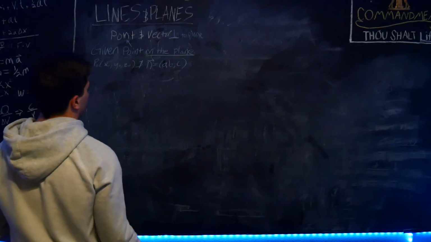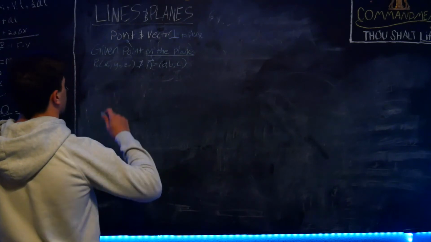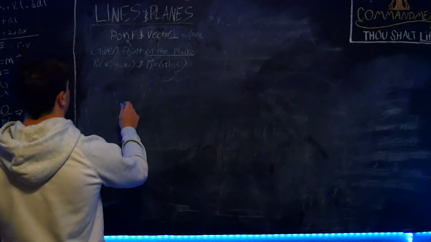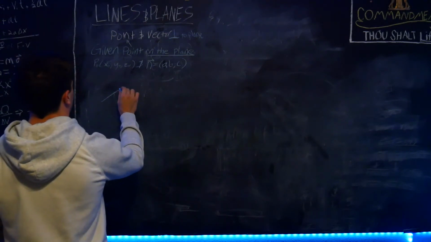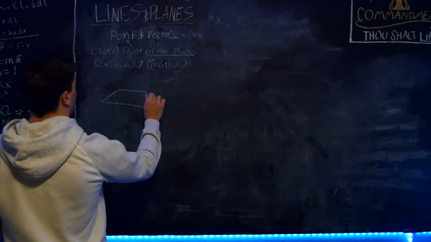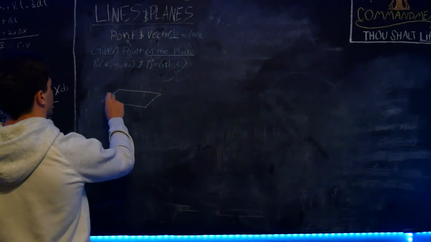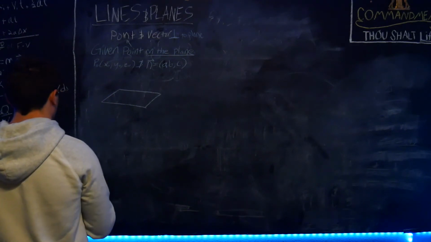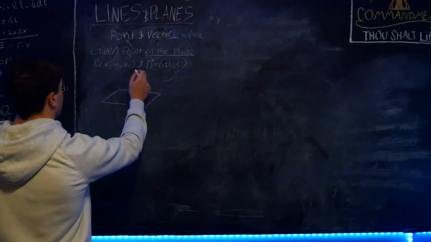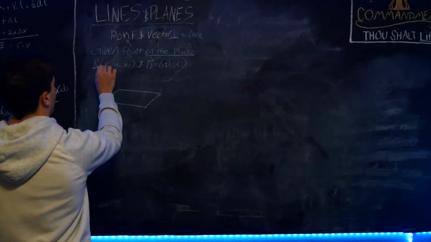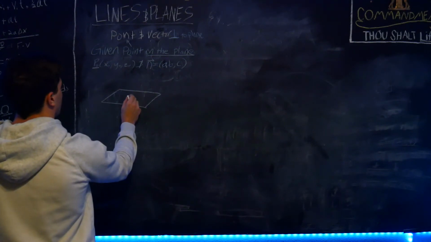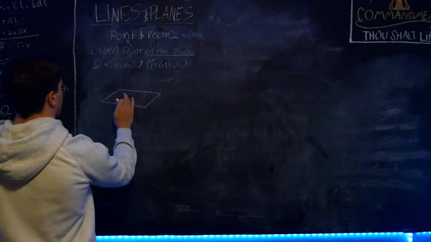So where's our picture, right? We have all this stuff and it looks pretty scary, so let's draw a picture. Okay, here's our plane, right? We want the equation of that plane. We're given a point on the plane, P0. You know what? Let's do it over here.